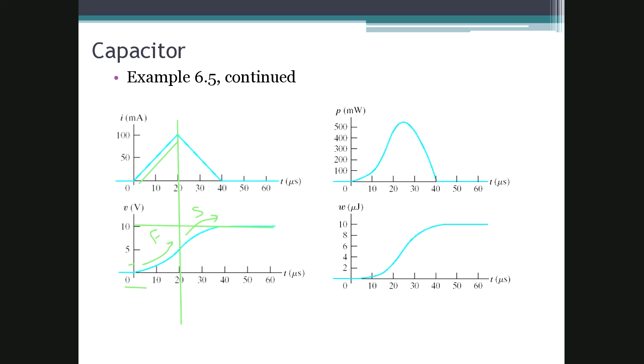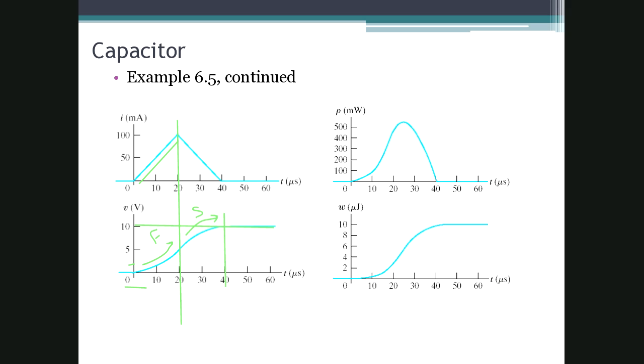At 10 volts, right when we get up here to about 40 microseconds, this capacitor is charged to its maximum potential, and it will hold that 10 volts until it's discharged, until the current is reversed. And again, capacitors do have some small leakage, so eventually it will decay on its own a little bit.